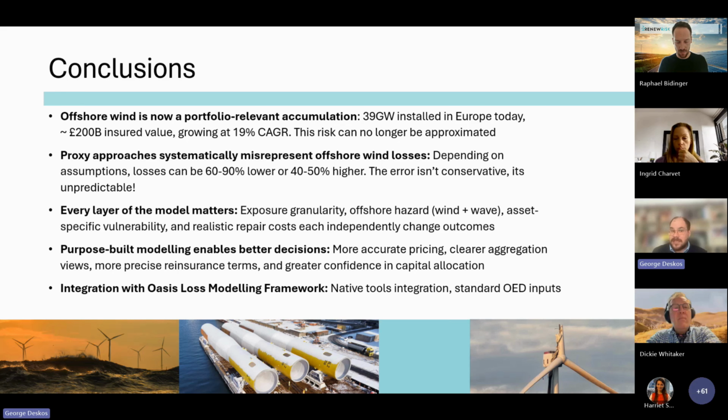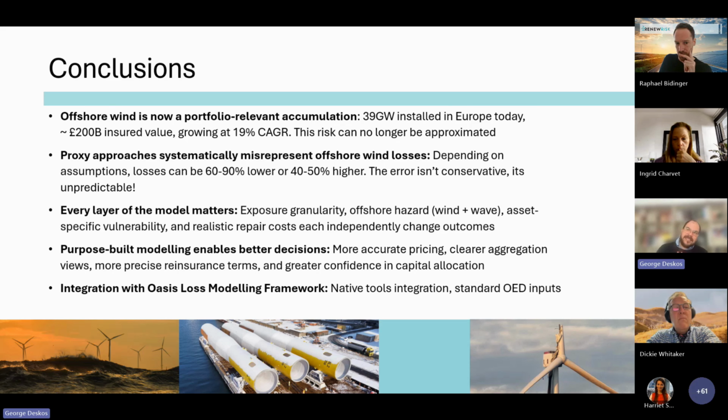That means that the risk can no longer be approximated. We need models that can break down the different assets into their own vulnerabilities and look at them holistically and do it properly. The other thing, and for me at least that was the main takeaway from the case study, is that yes, you can use proxy approaches, but you're going to systematically misrepresent offshore wind losses.